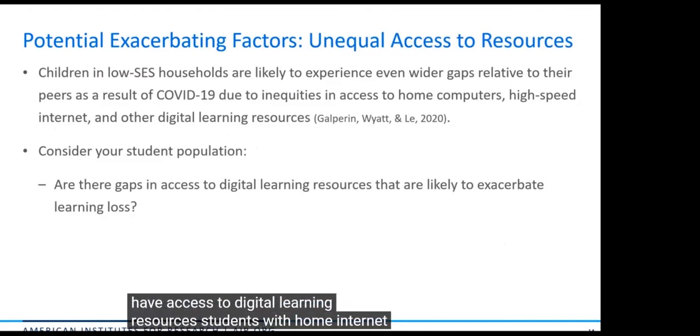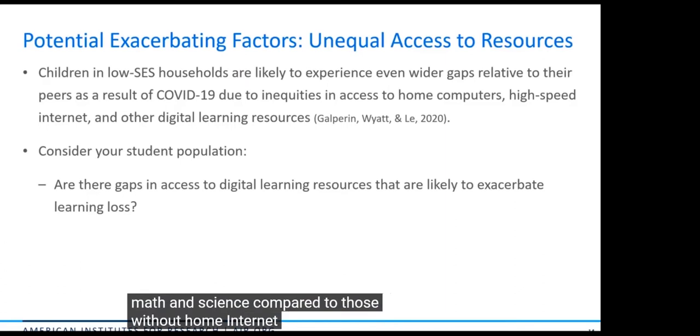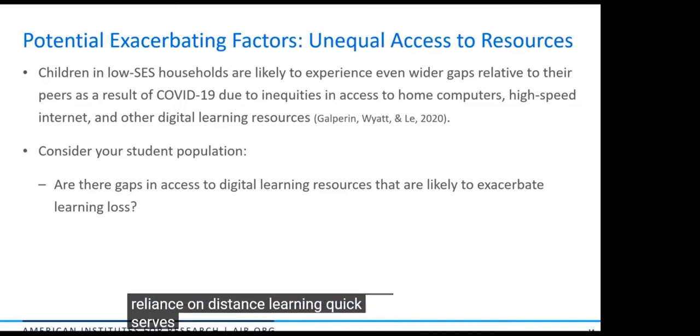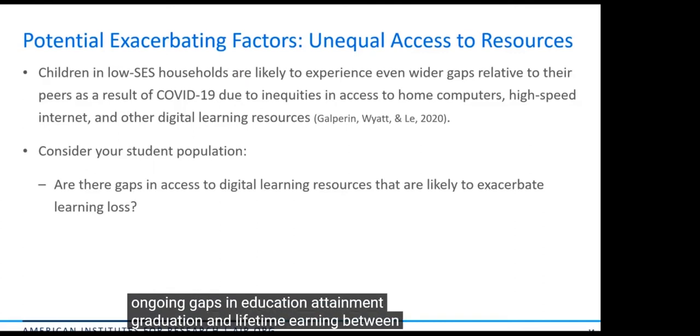Students with home internet consistently score higher in reading, math, and science compared to those without home internet. Thus, a newfound reliance on distance learning could serve to perpetuate and exacerbate ongoing gaps in education attainment, graduation, and lifetime earnings between less and more advantaged students.